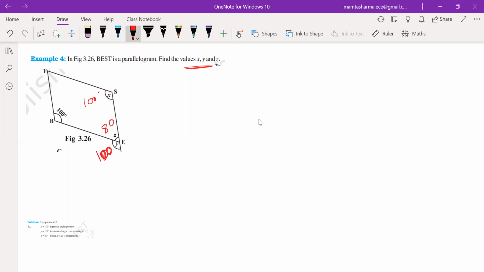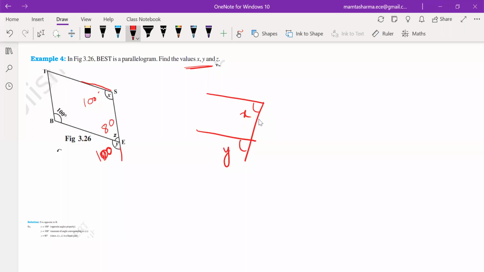Why would y be 100? Because they are corresponding angles, angle y and angle x. See, this is angle y and this is angle x. They are corresponding angles.